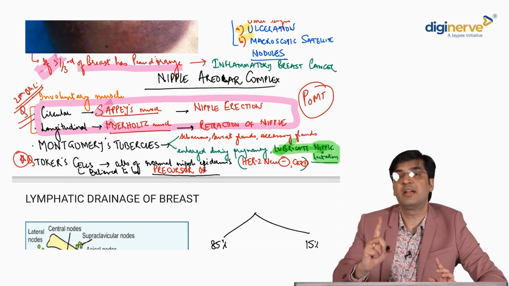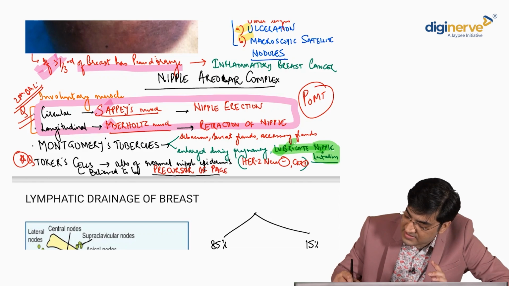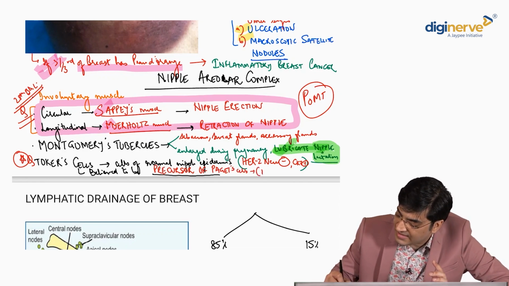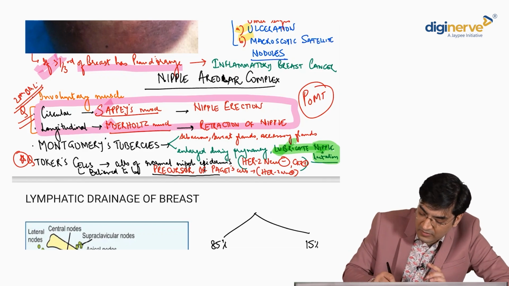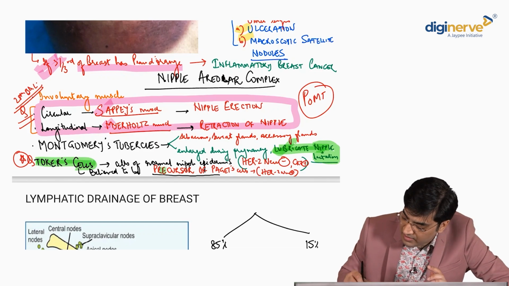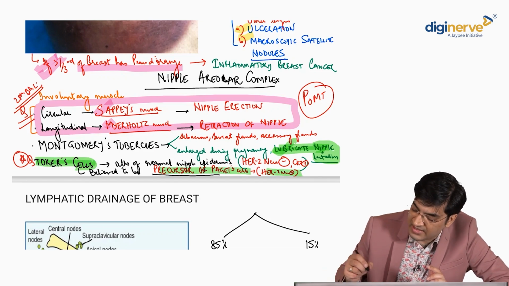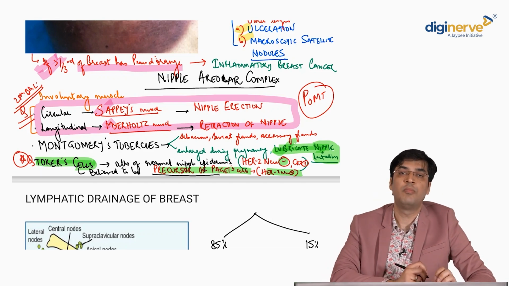They are the precursors for what? For Paget cells. It is believed that they are the precursors of Paget cells, and these Paget cells are HER2/neu positive. So Toker cells are also an important thing to remember: precursors of Paget cells, HER2 negative, whereas Paget cells are HER2/neu positive.